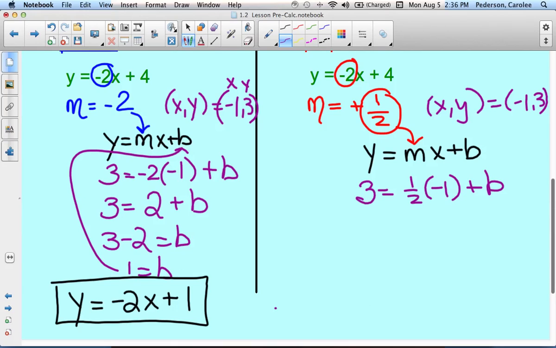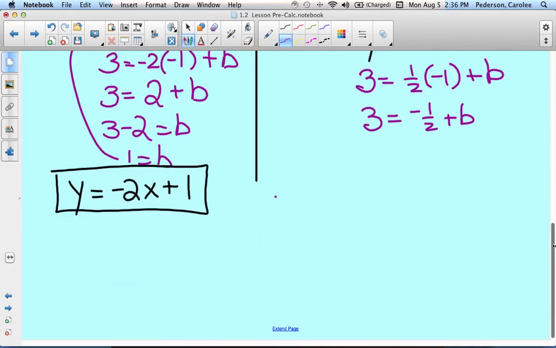And then we're solving this equation for b to find the y-intercept. So let's simplify this right side. Negative 1 times 1/2 is negative 1/2. And then add 1/2 to both sides. So we get the y-intercept to be 3/2.